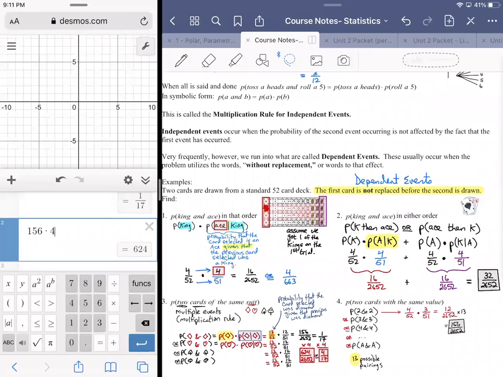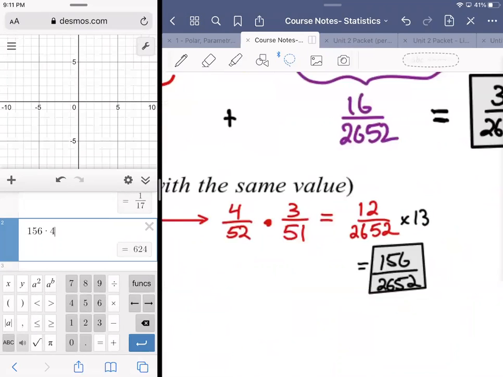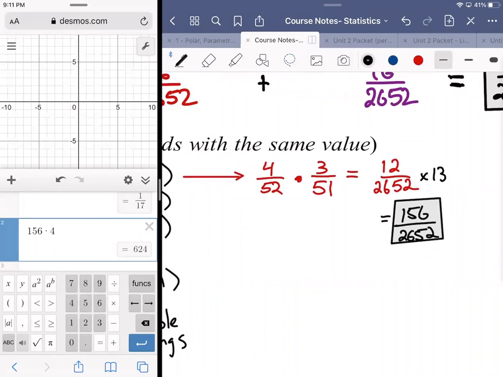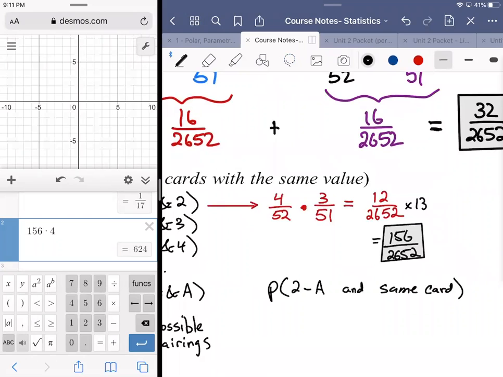I'll just jot it down here. It would be the probability of anything from 2 through ace, and then the same card, just shorthand notation. So any card 2 through ace. So you could say the 52 out of 52 for that.